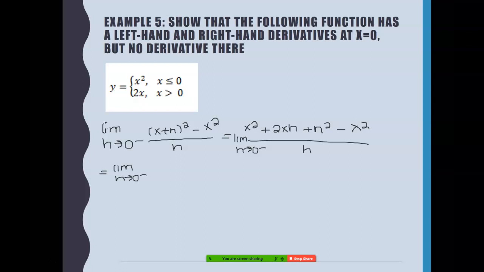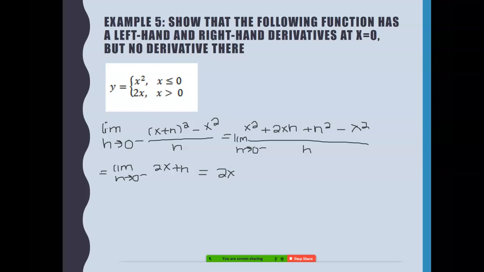And your x squareds cancel, you factor out an h, and you're left with 2x plus h, which means that the slope of the tangent in general is 2x.